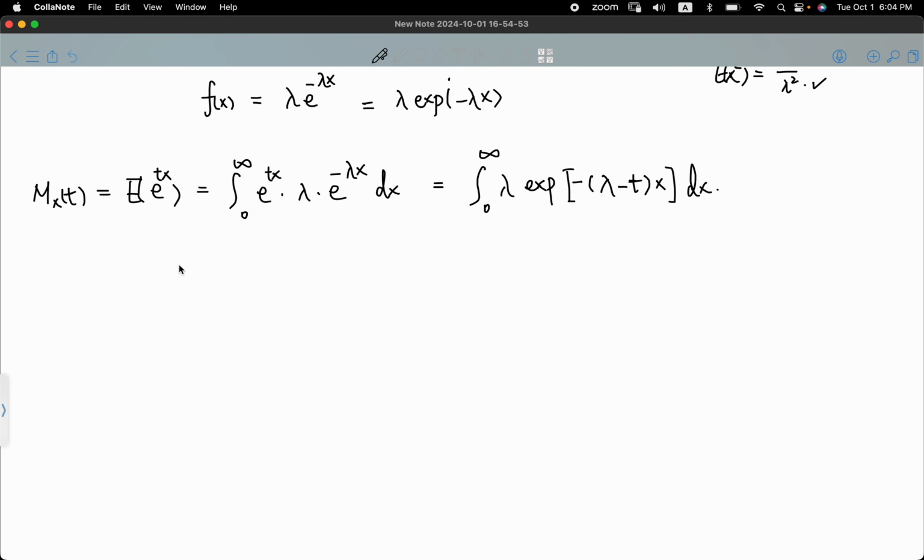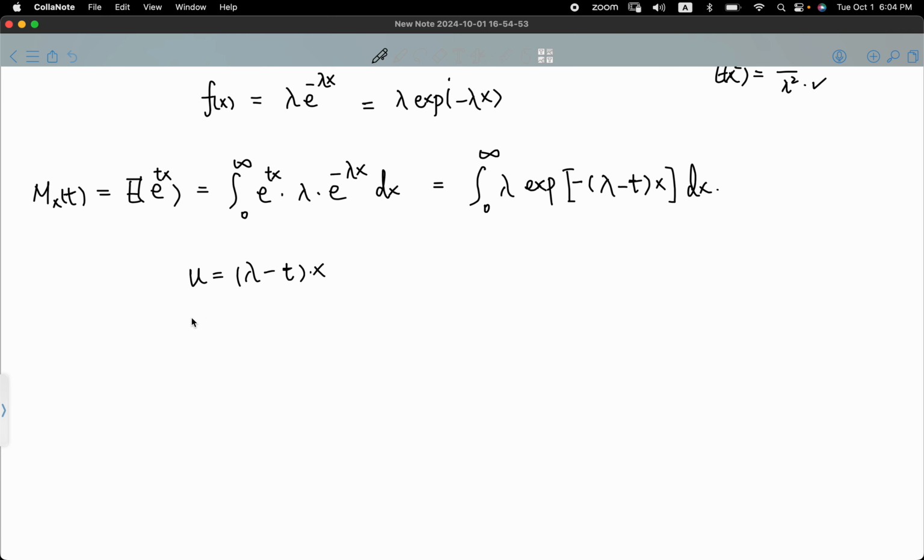Okay, so one way that we can do this is that we introduce another variable, not a random variable, but a variable in a mathematical sense. We set u equal to the thing in the exponent here. So I'm going to set u equal to lambda minus t multiplied by x.